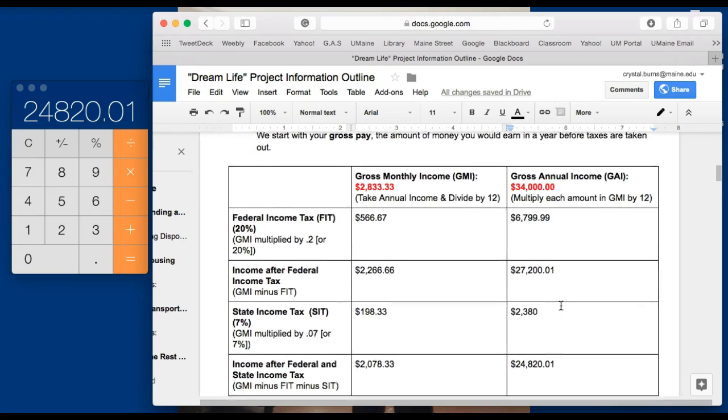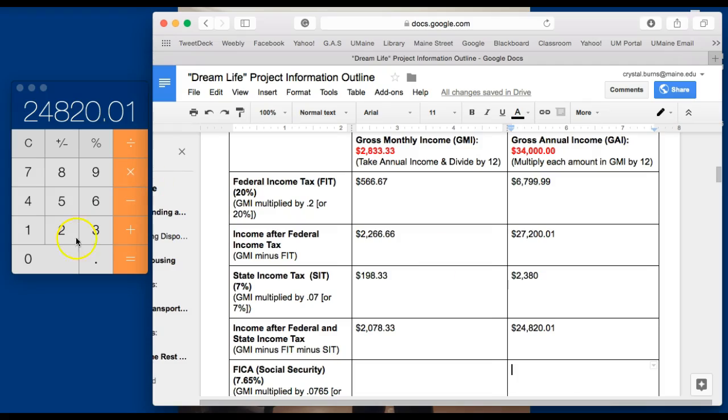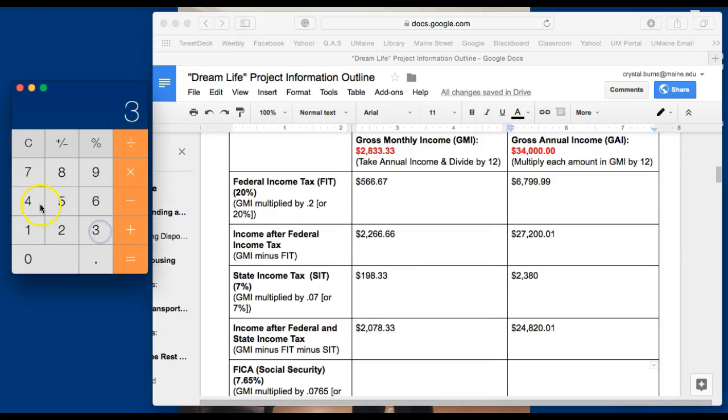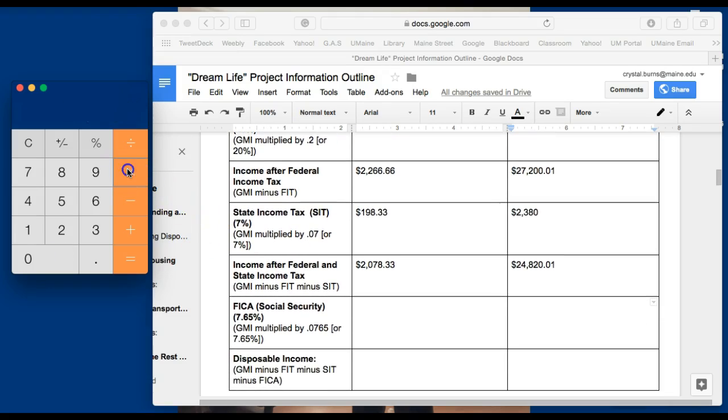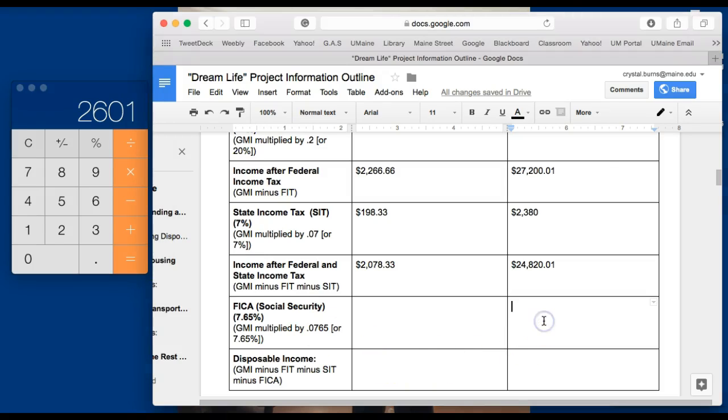So gross annual income is going to be $34,000. And then I'm going to multiply that by 0.0765. See what that equals? $2,601. So I'm going to put that in here. $2,601, right?